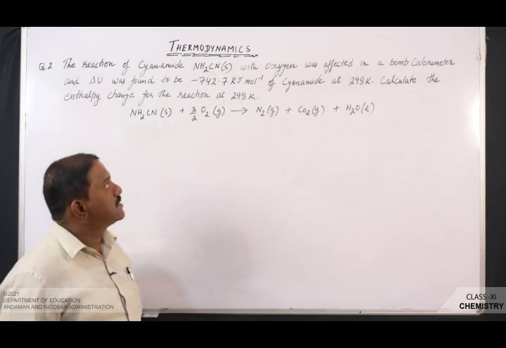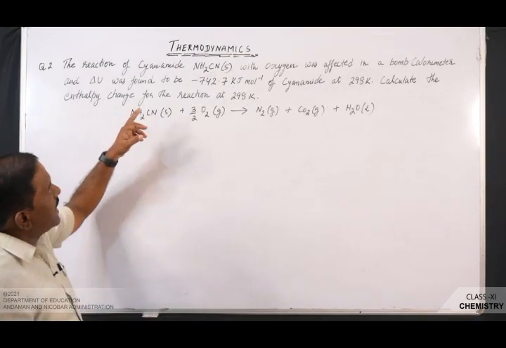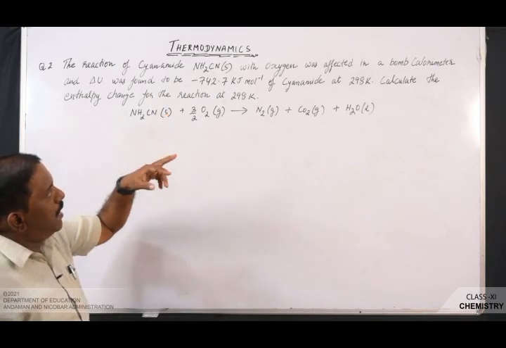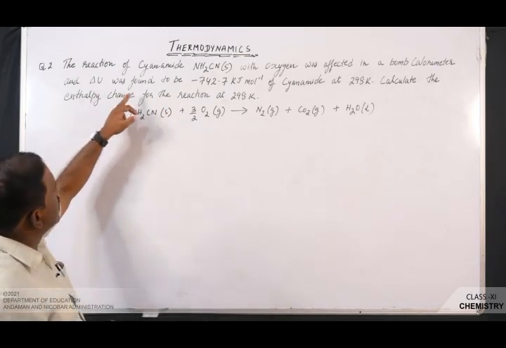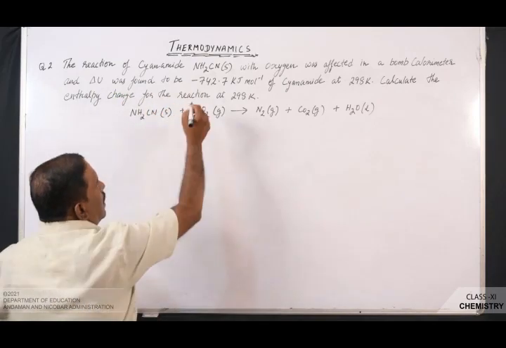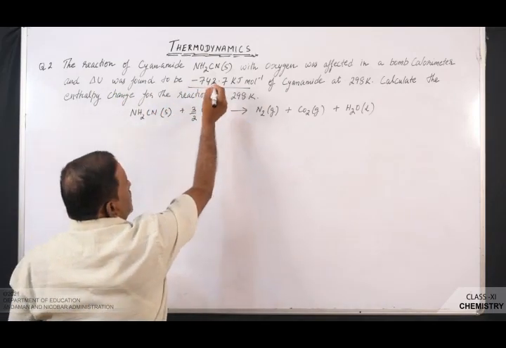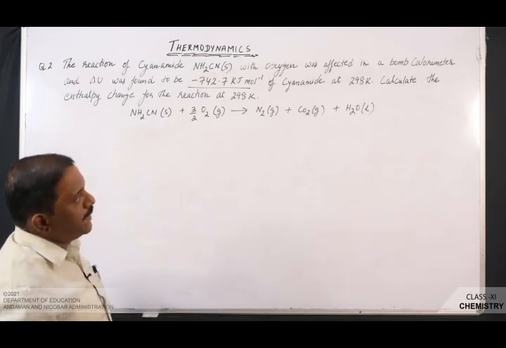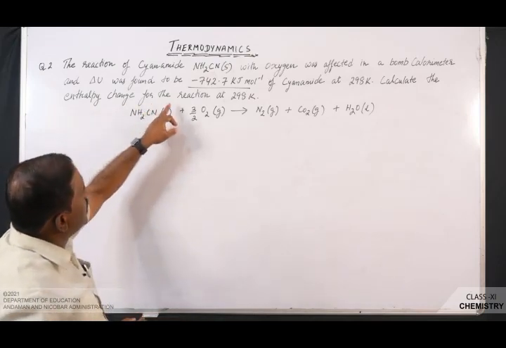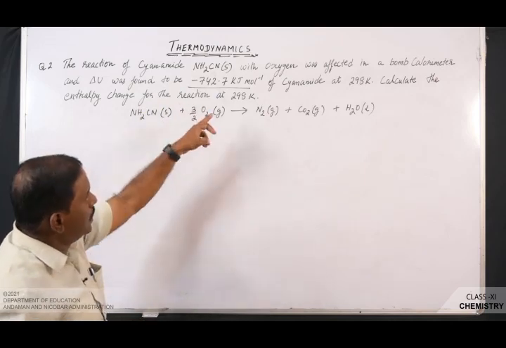Okay. Now students, let us see a question. The reaction of cyanamide, NH2CN, with oxygen was carried out in a bomb calorimeter, and delta U was found to be minus 742.7 kJ per mole of cyanamide at 298 Kelvin. Calculate the enthalpy change for the reaction at 298 Kelvin.